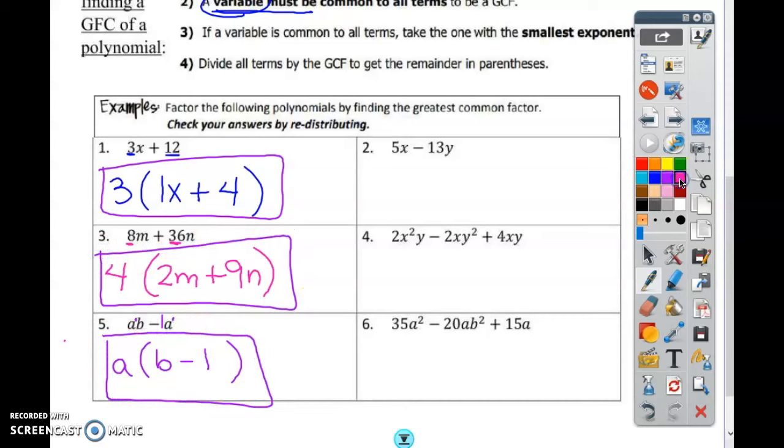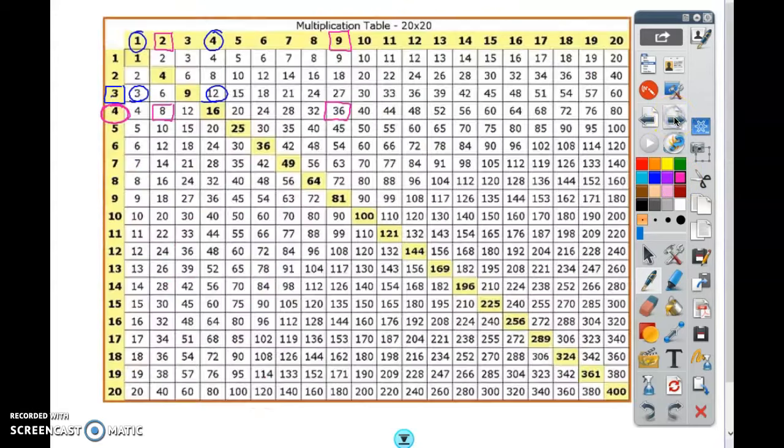Okay, let's go look for 5 and 13. Look for it in the multiplication chart. Five and 13.